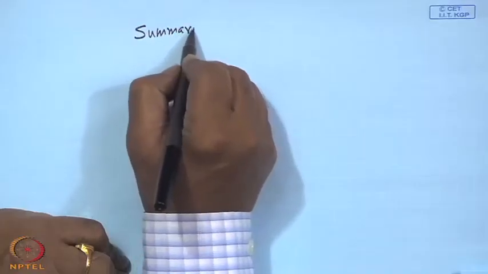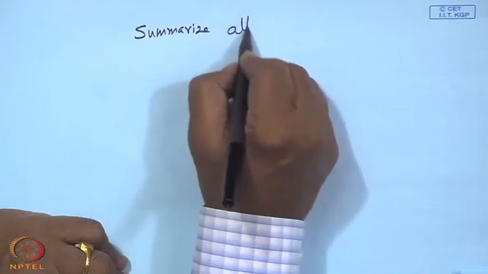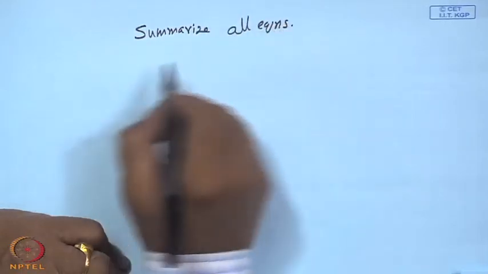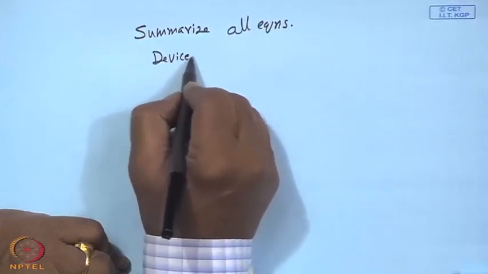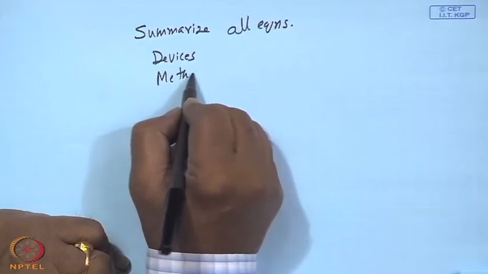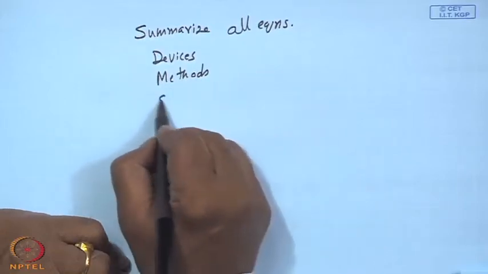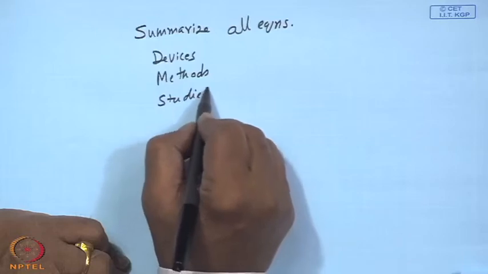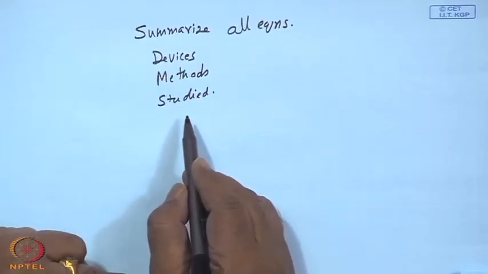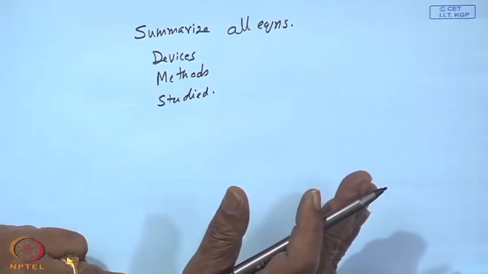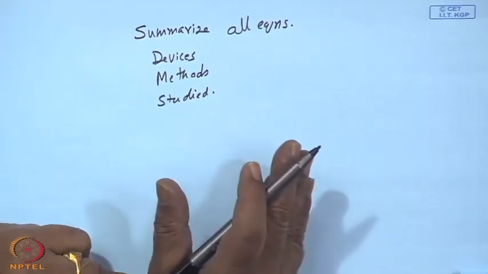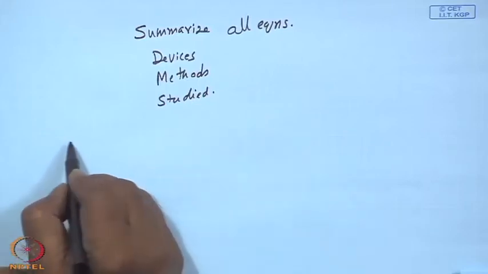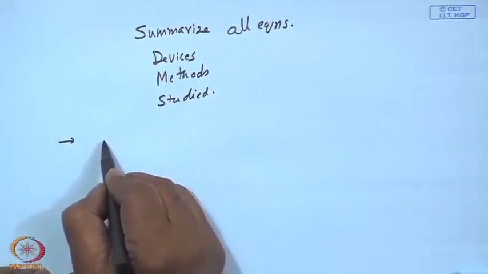So, what we shall do in the next lecture is I will try to summarize all our equations and the devices and the methods we have studied, and one thing you should remember is this could be the topic wise last lecture, the next one will be the summary only.